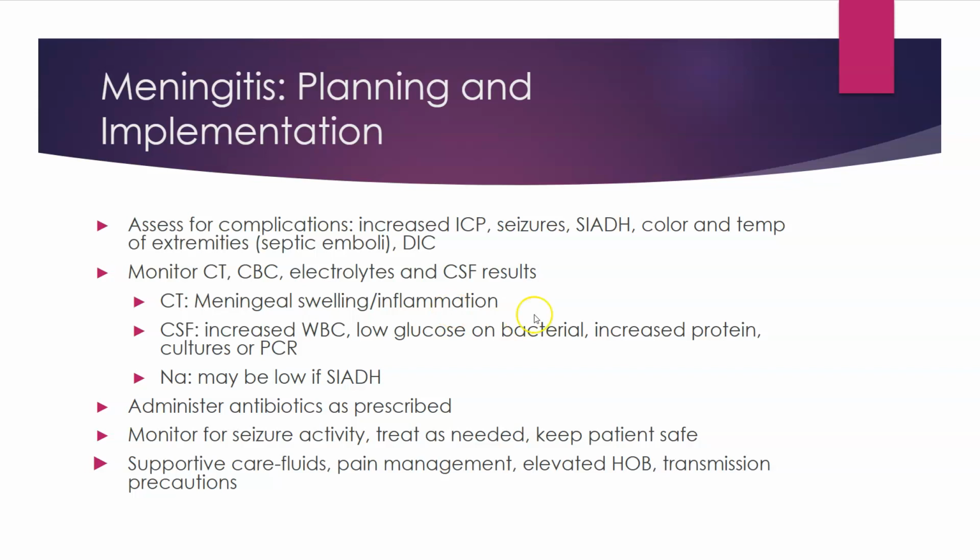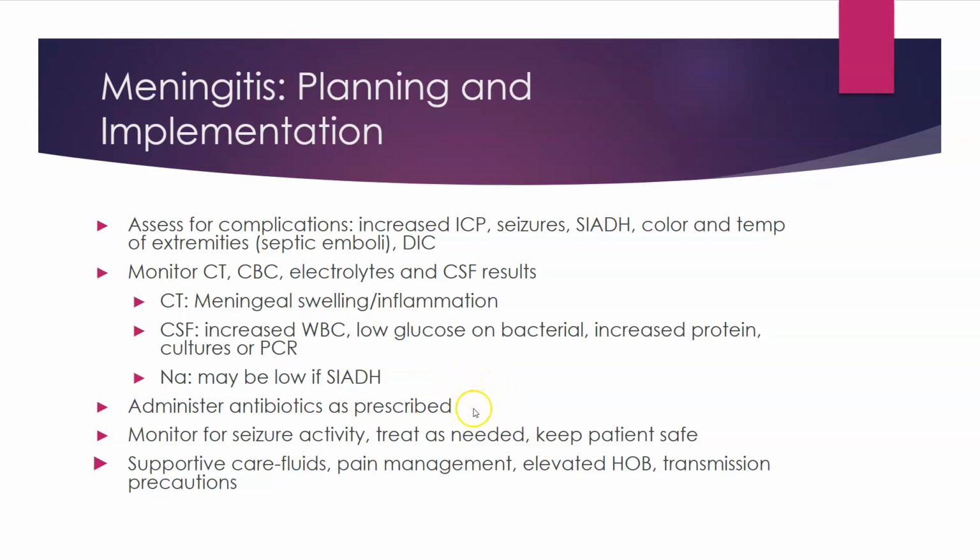You might see increased protein for both. And then of course, on that PCR, you'll do cultures and try and see if you can grow anything out of that CSF. Sodium might be low if they've got SIADH, and you might see the volumes of urine increase or decrease related to that.